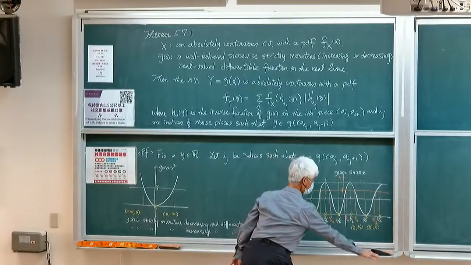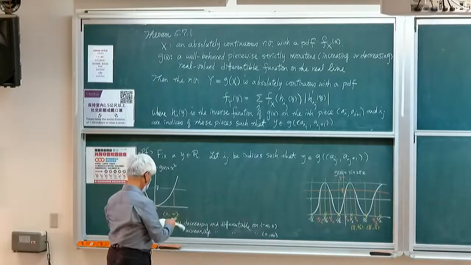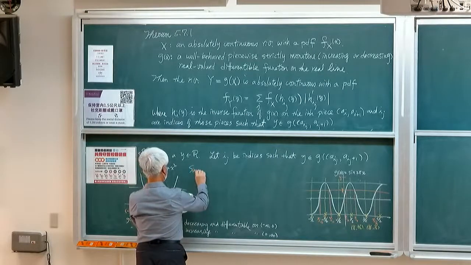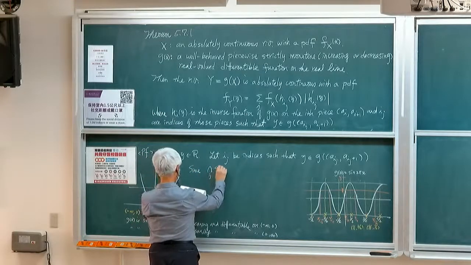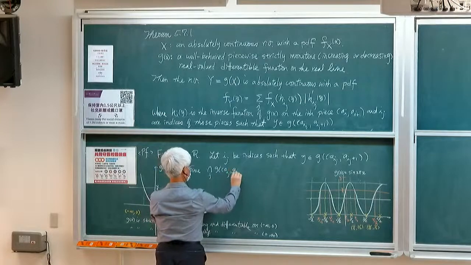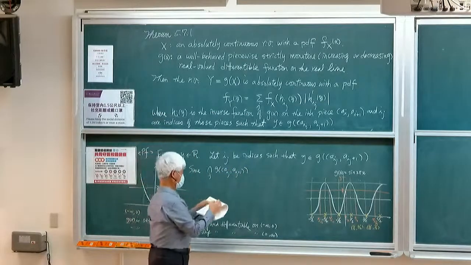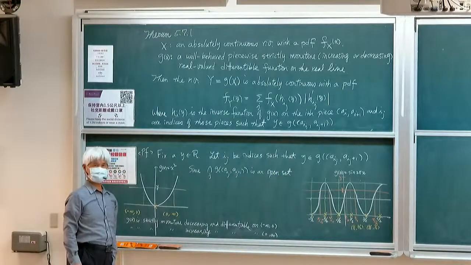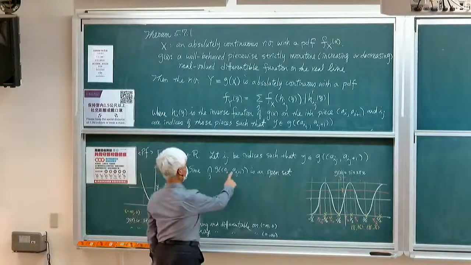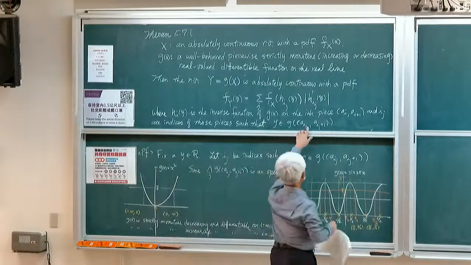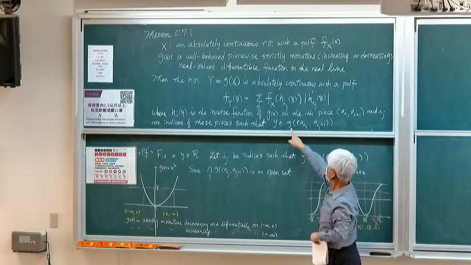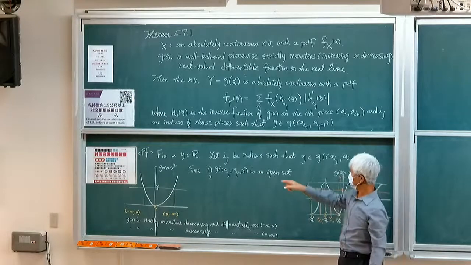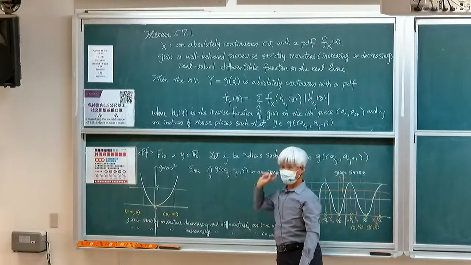Okay. Now since the intersection of the open intervals from a_{i_j} to a_{i_{j+1}} is an open set, because y is contained in the range of each piece, y should be in the intersection of the range of those pieces.